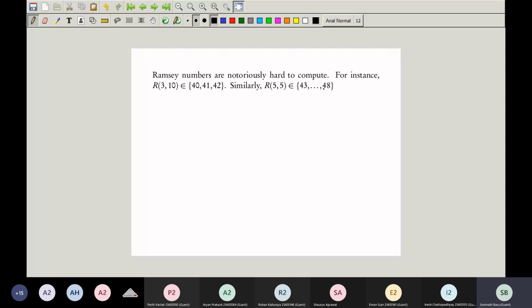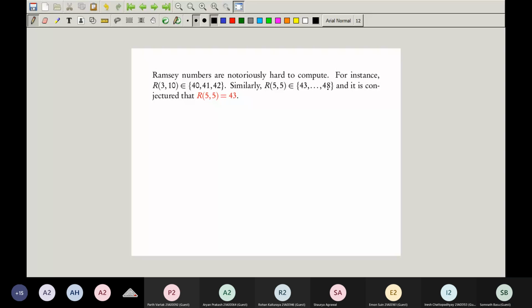In fact, it was conjectured in 1997 based on work by a few people, largely based on computer simulations and running through swaths of colorings of the canes. They conjectured that R55 should be 43, but nothing is known yet whether it's actually 43, but it's believed that it should be 43. Okay, although approximate or a priori it lies in this range.